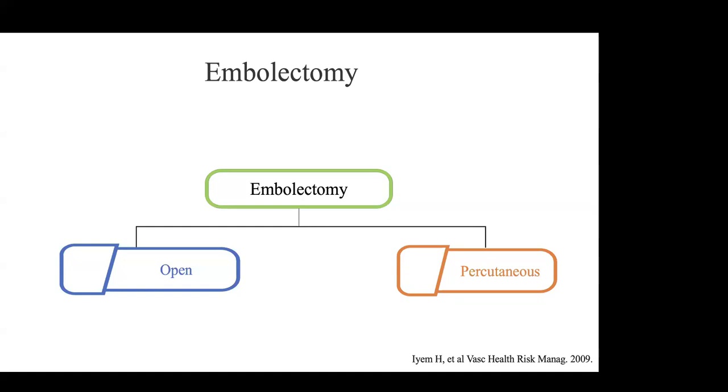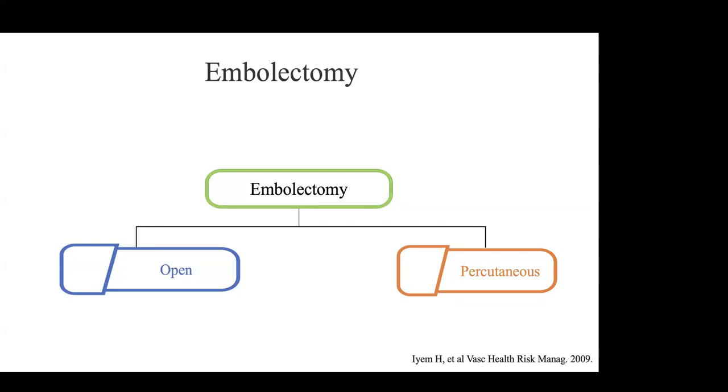The main advantage of open embolectomy is that the blood flow is restored quickly. However, the revascularization may be accompanied by adverse cardiac events, such as sudden release of acid and potassium, which can cause advanced ischemia.